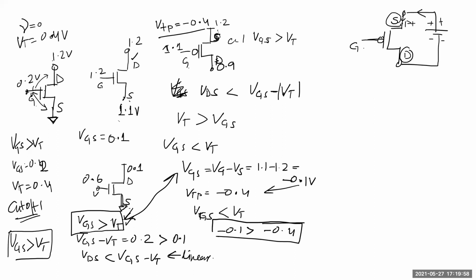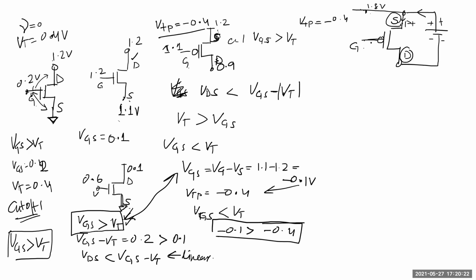So in PMOS, let's say this was 1.8 volt and your VTP was equal to minus 0.4 volt. That means this gate has to be lower by 0.4 from this voltage for the channel to turn on. It's the opposite of NMOS. So if this is 1.8 volts, the channel is not turned on.